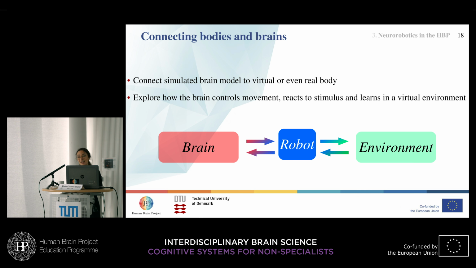So in this way, everyone will be able to explore how the brain controls movement, reacts to stimulus, and learns in a virtual environment. Also here, maybe we can argue a lot about the virtual simulated system, real system, these kinds of things. But again, it's a really complex problem, so it's better to start by splitting it into simple problems and then adding complexity again.